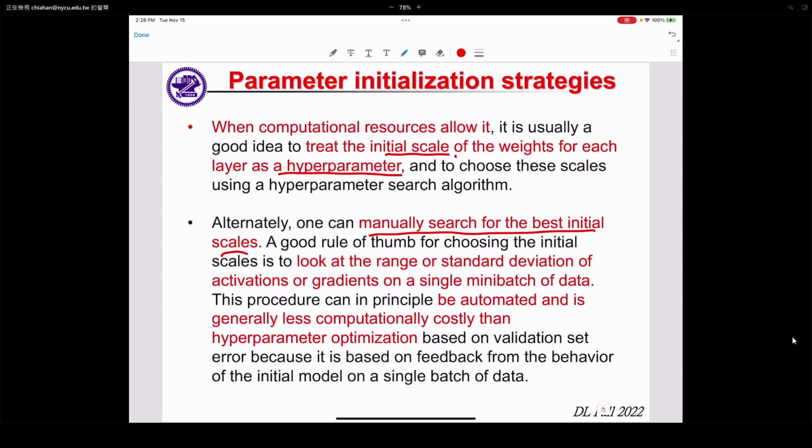This is different from other hyperparameter searches, because here you only need to look at the few starting points and see how it behaves initially.